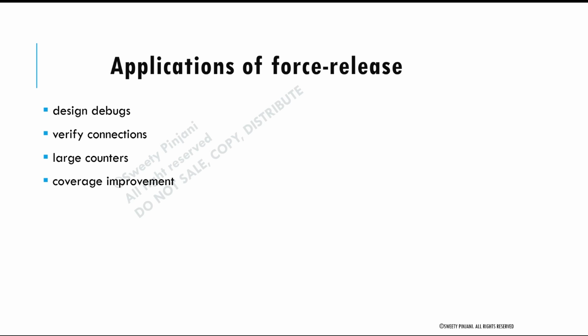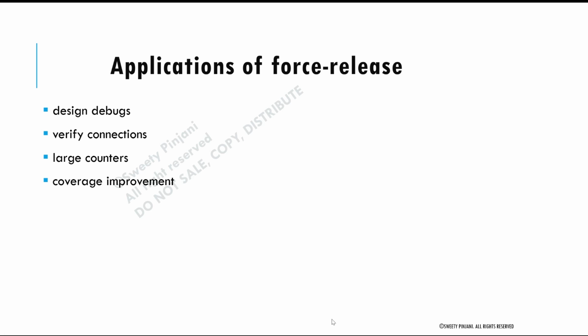It may be difficult to cover all the values even if you run the test multiple times. Because of this, your toggle coverage will get impacted. So to improve your toggle coverage, you can force your signals to a particular value and run the test so that you exercise those values. This is another important application.